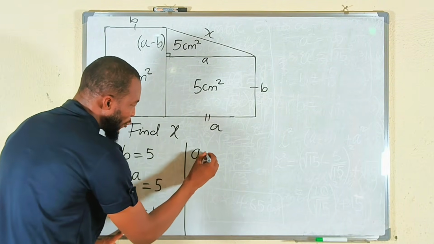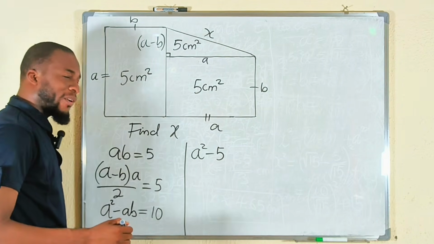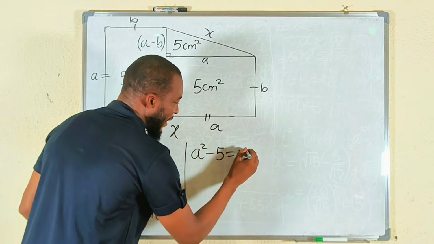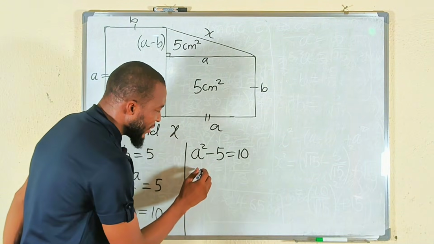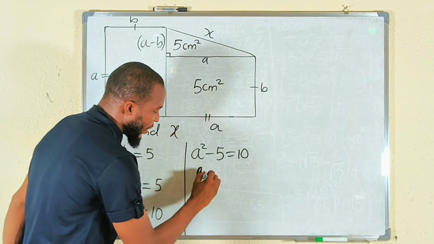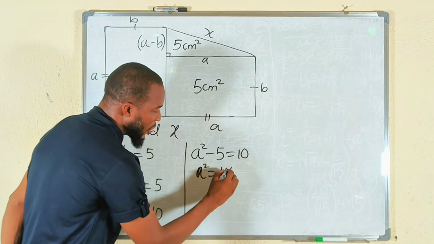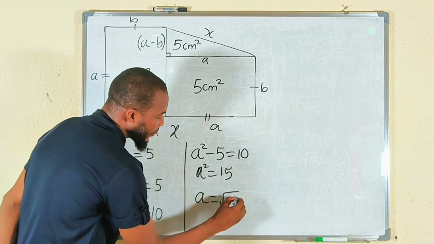Therefore, A squared minus AB can be written as A squared minus 5, which is equal to 10. If you take negative 5 over to the equality sign, you have 10 plus 5, which is 15. So therefore, A squared is equal to 15, which implies that A is equal to the square root of 15.